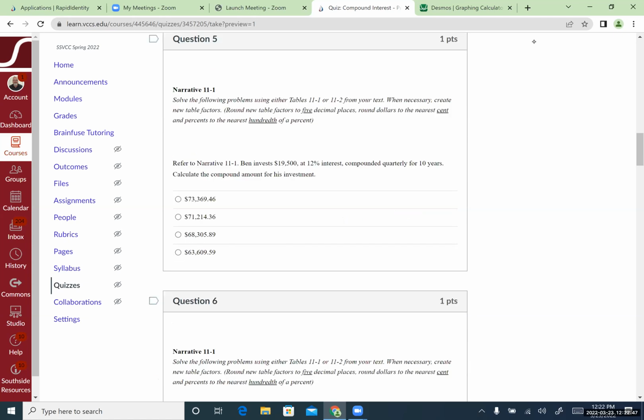All right, number 5, 19,500. 1 plus 12% interest, which is 0.12, quarterly. That's 4 times per year for 10 years.